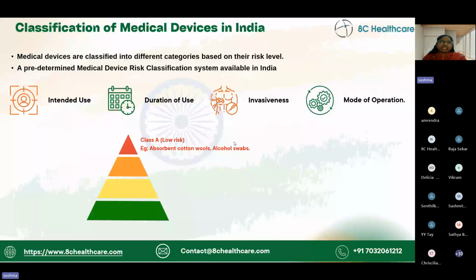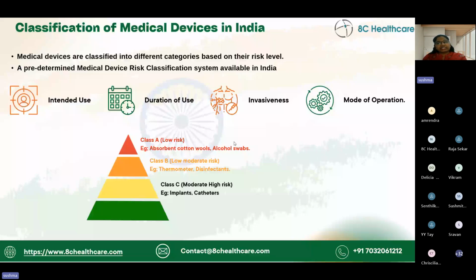Class A is considered the lowest risk classification, and absorbent cotton wools and alcohol swabs fall under this category. Class B is considered low moderate risk, and devices like thermometers and disinfectants fall under this category. Class C is considered moderate high risk, so a few implants and catheters fall under this category.